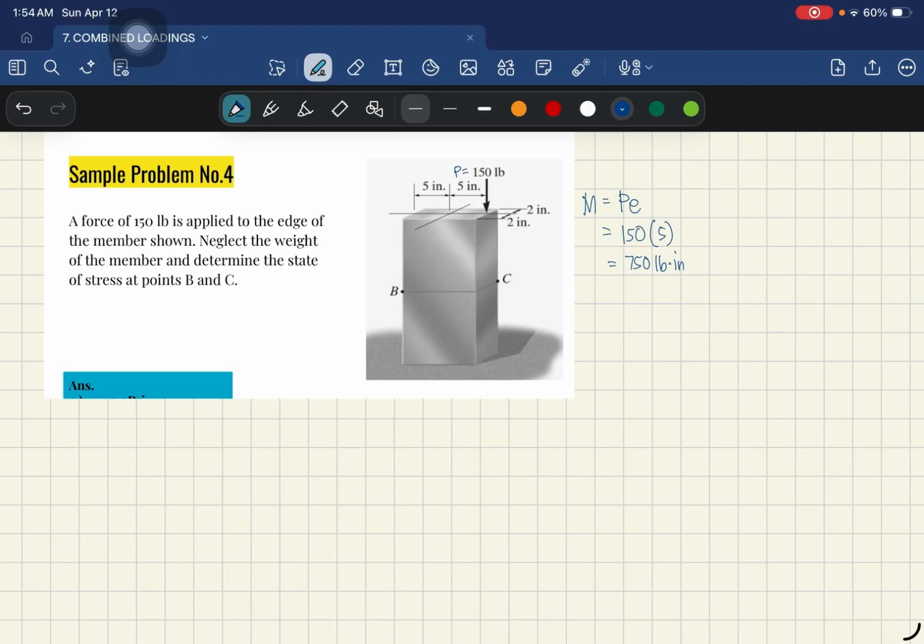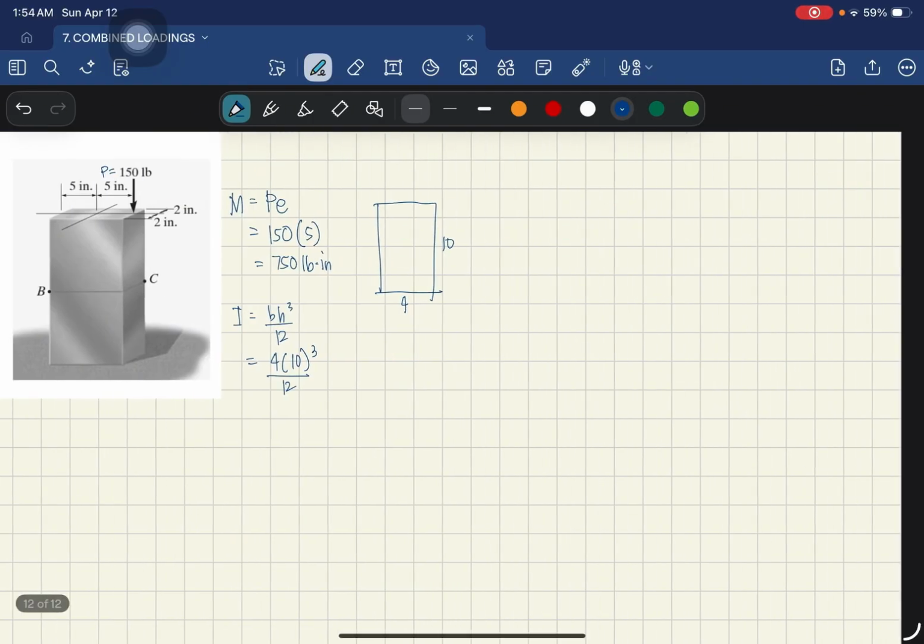Next is i-determine natin yung moment of inertia. So BH cubed over 12. So kadalasan, yung height dyan yung pinakamalalim, which means yung cross-section niya is 4 by 10. So yung base niya is 4, times the height na 10 cubed over 12.